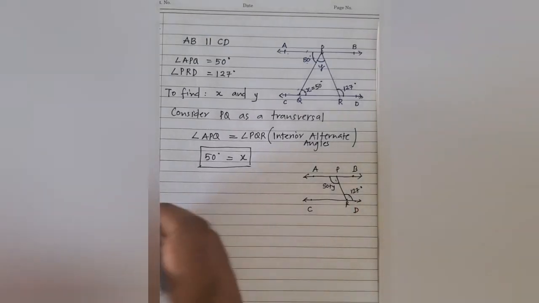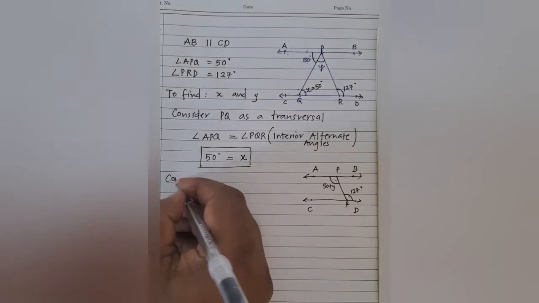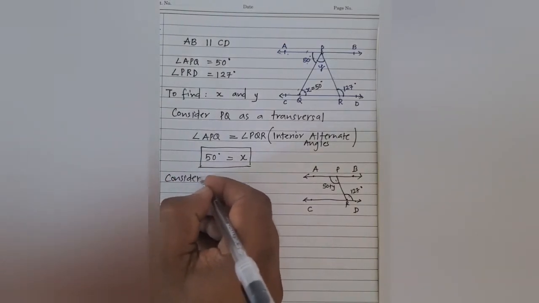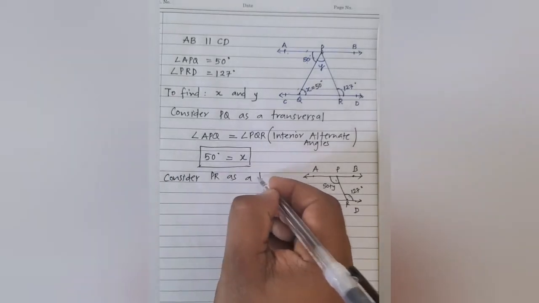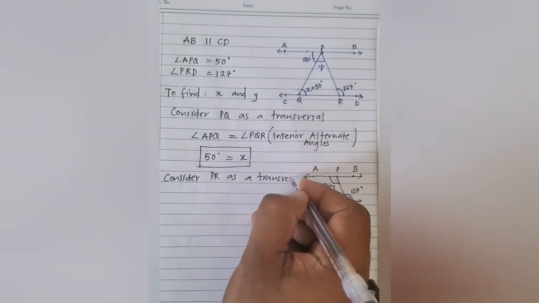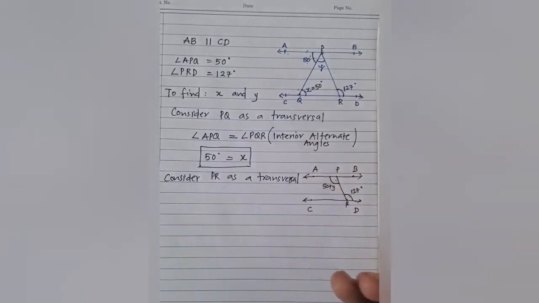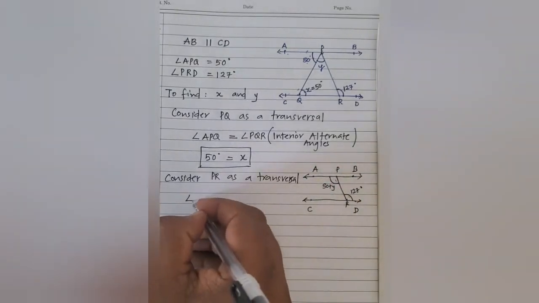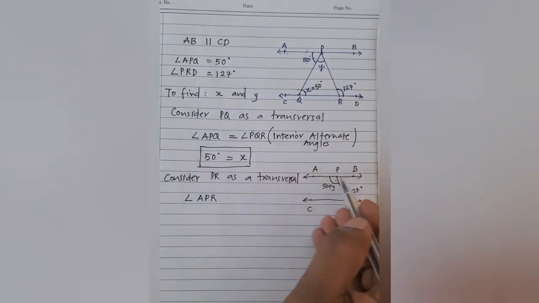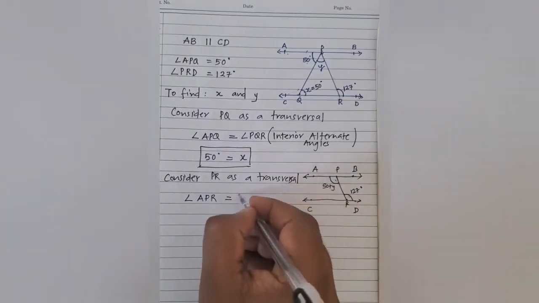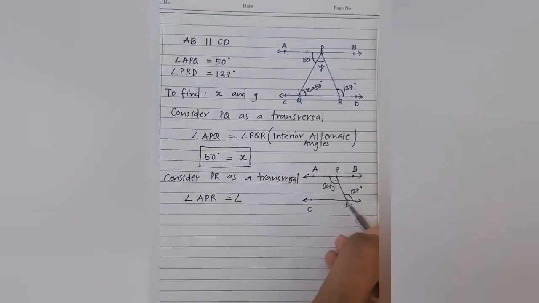So what I would write is consider PR as a transversal. And when I do that, angle APR is equal to angle PRD.